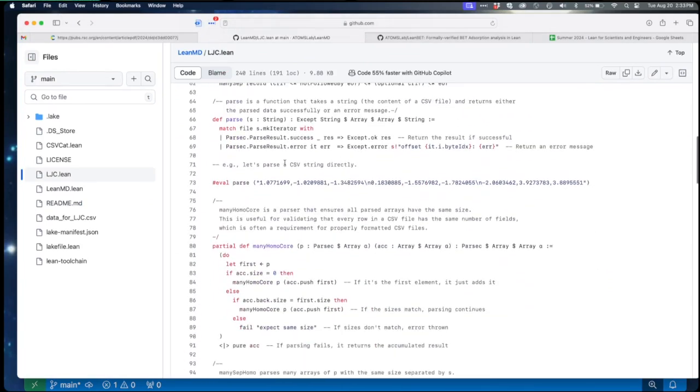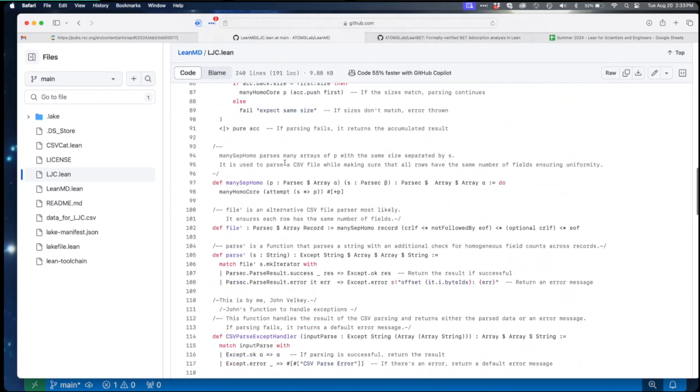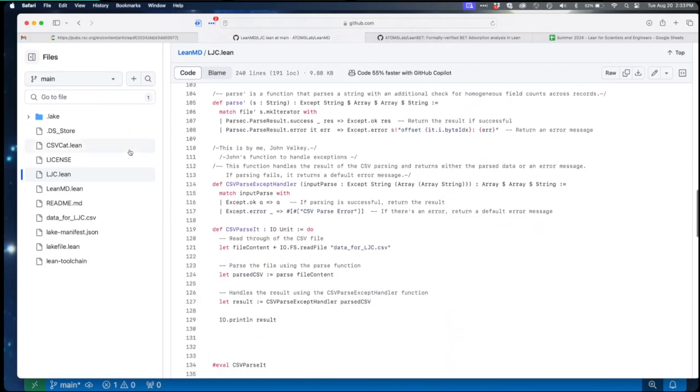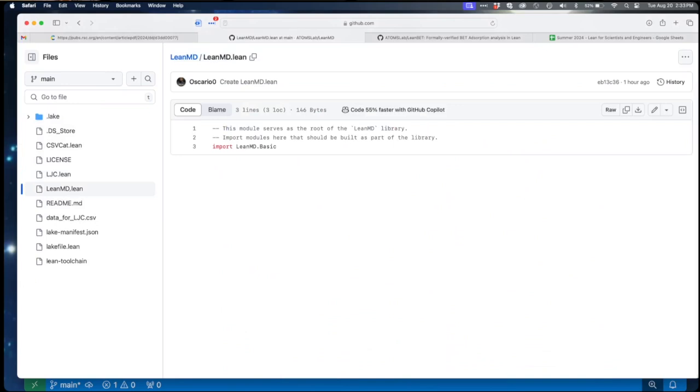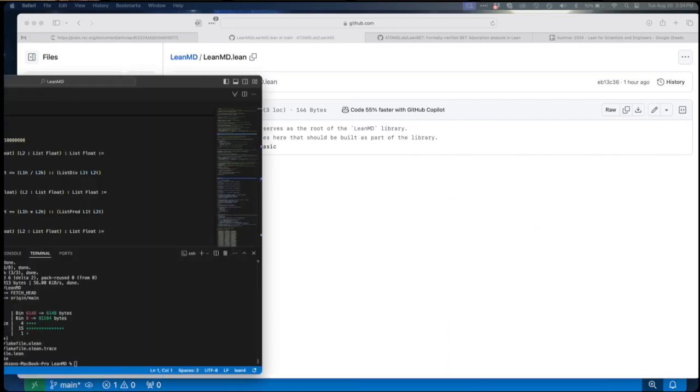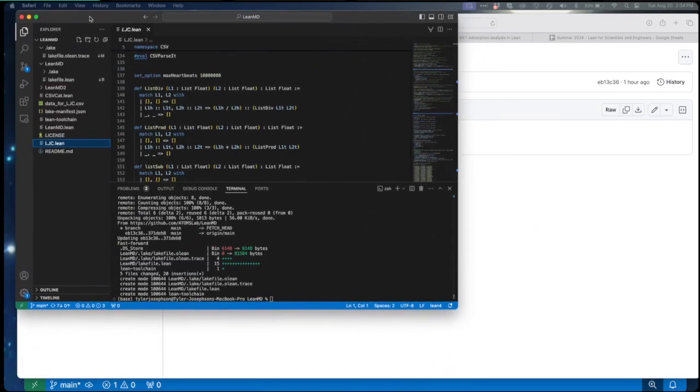Yes, this is all data parsing and sorting out the CSV parser. I'll just move it over to here, even though this isn't quite going yet.